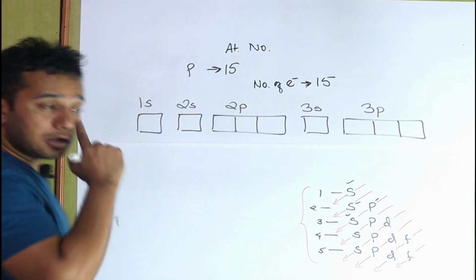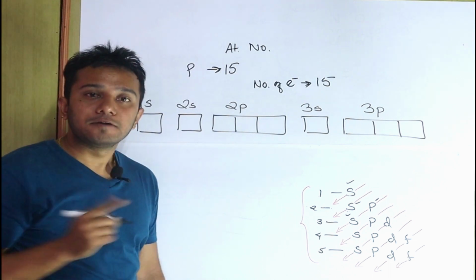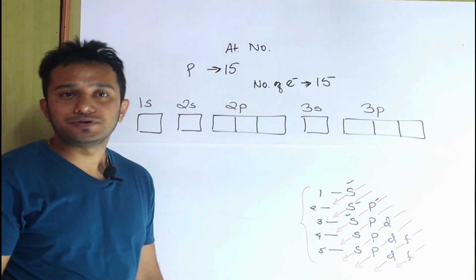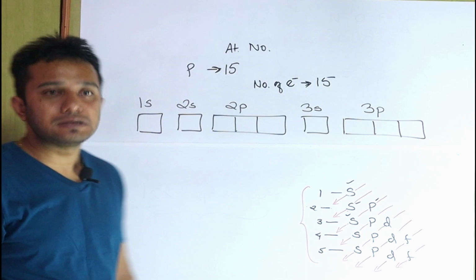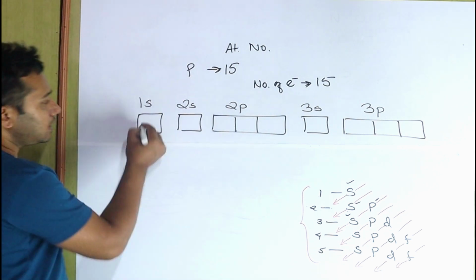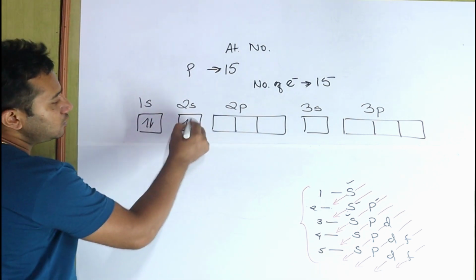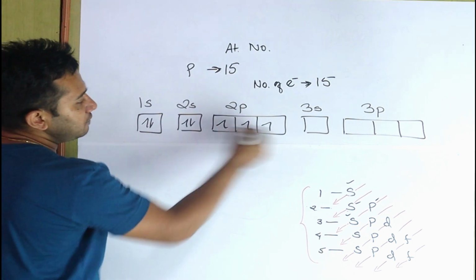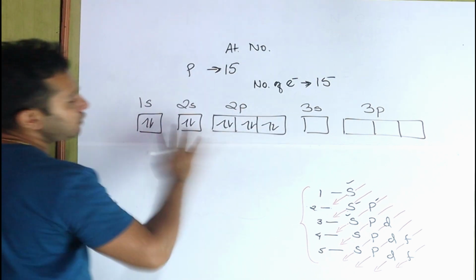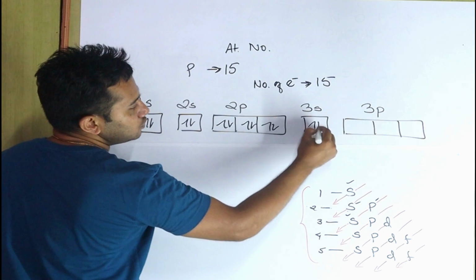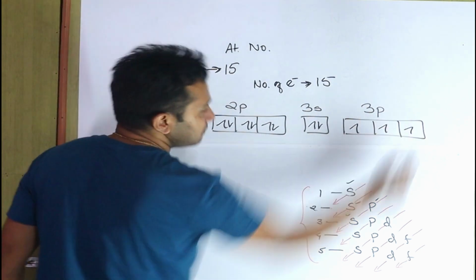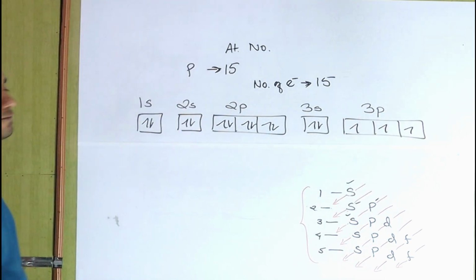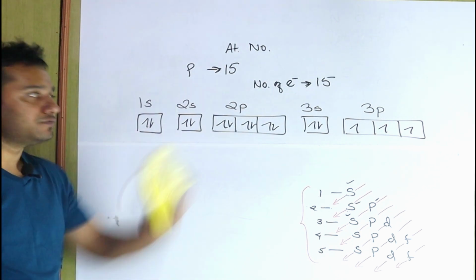Now for phosphorus we have 15 electrons. We'll fill the electrons: in s we can fill 2 electrons, in p we can fill 6 electrons. Now it is 10, 11, 12, 13, 14, 15. There are 15 electrons and we have filled all 15 electrons.